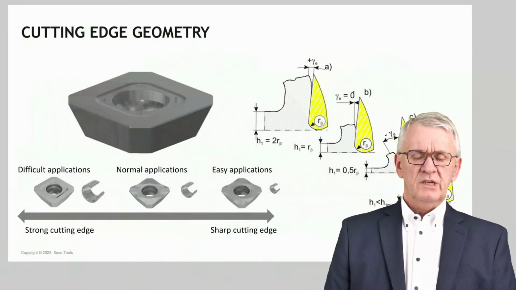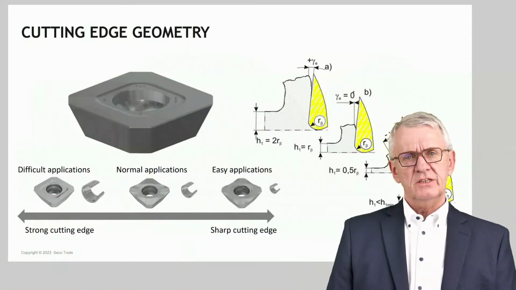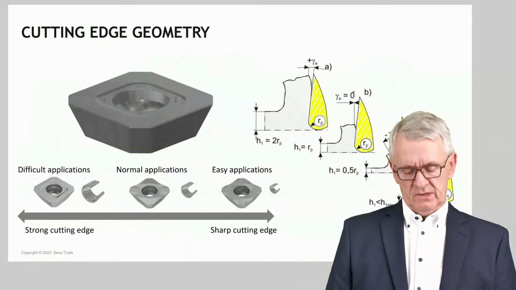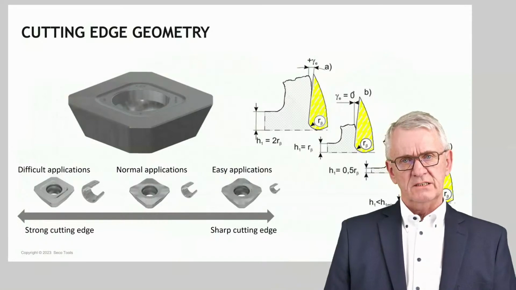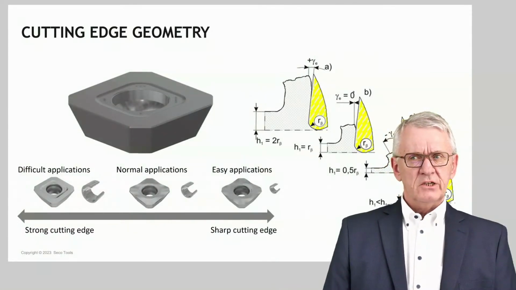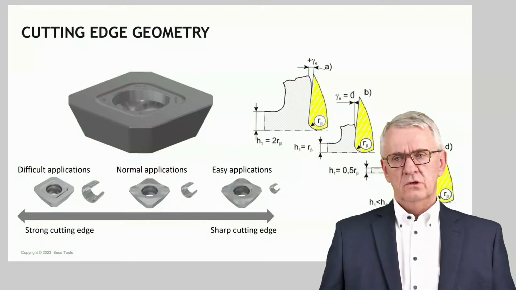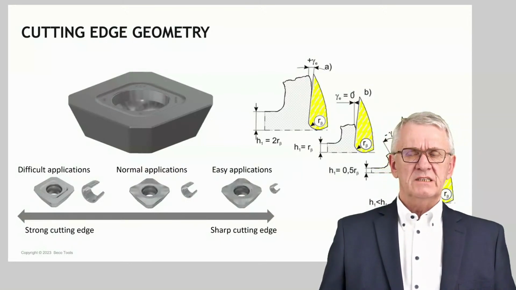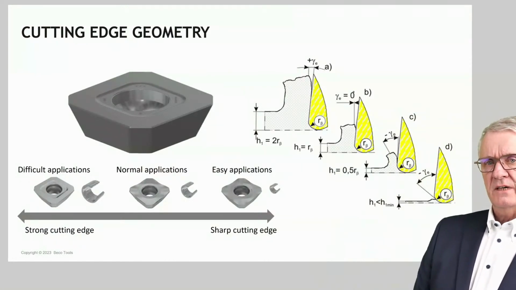Also important to be aware of is that you have different types of cutting edge geometries, a subject we once talked about, and next time we are going to talk quite intensively about this also. If you modify the cutting edge geometry from sharp to strong, that means that to make sure a cutting edge is functioning well, you need to adapt the chip thickness to that.